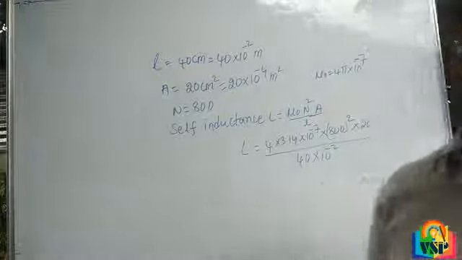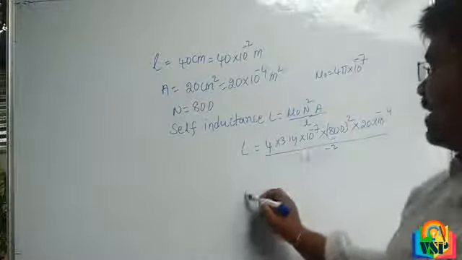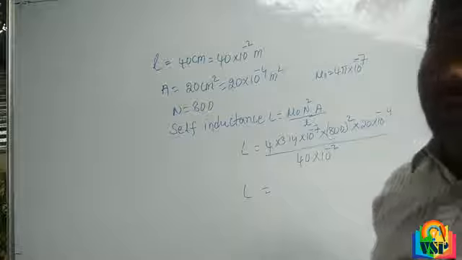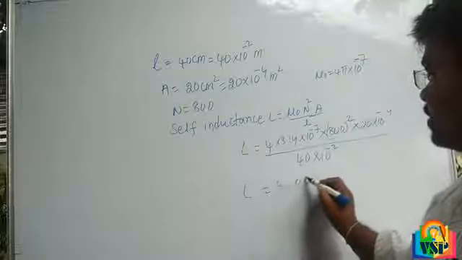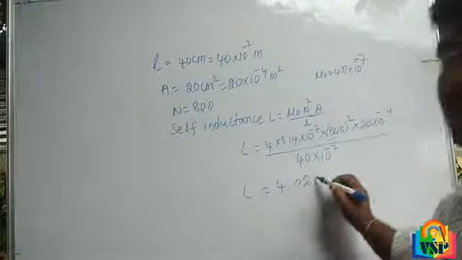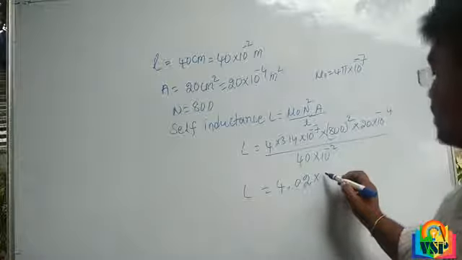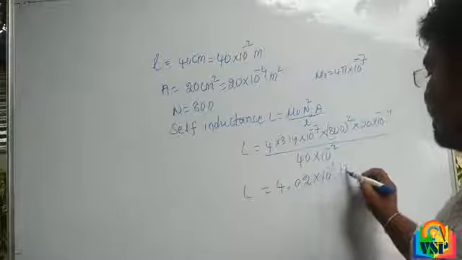So by cancellation we can get 4.02 into 10 power minus 5 Henry.